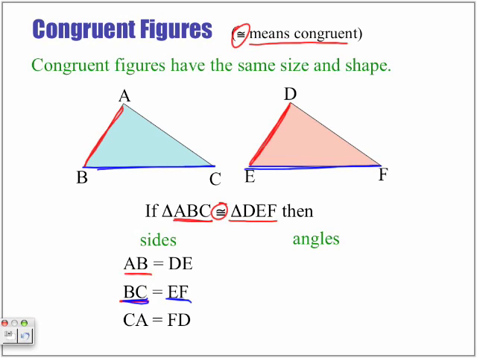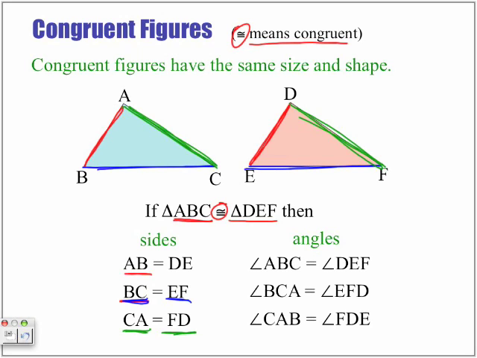And side CA or AC, however you want to label it, is congruent to side FD or DF. So because we know triangle ABC is congruent to triangle DEF, and we proved it by using the fact that the sides are equal to one another, then that means even the angles must be equal to one another.